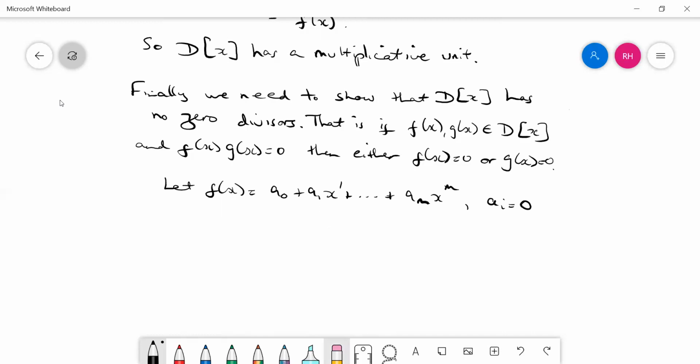Sorry about all this, it's getting a bit late in the night. And all the coefficients ai are elements of the integral domain, and let's just put that m is a positive integer, or 0.